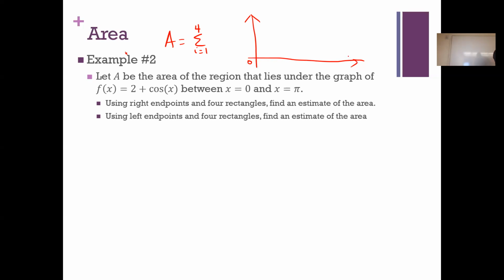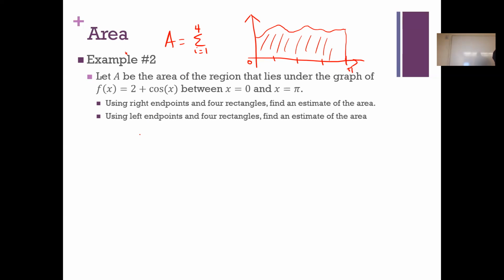I'm just going to draw an arbitrary curve here because we're just organizing. So this is our full area, right? The full width is pi. And if I'm making 4 rectangles of equal width, how wide is each one?